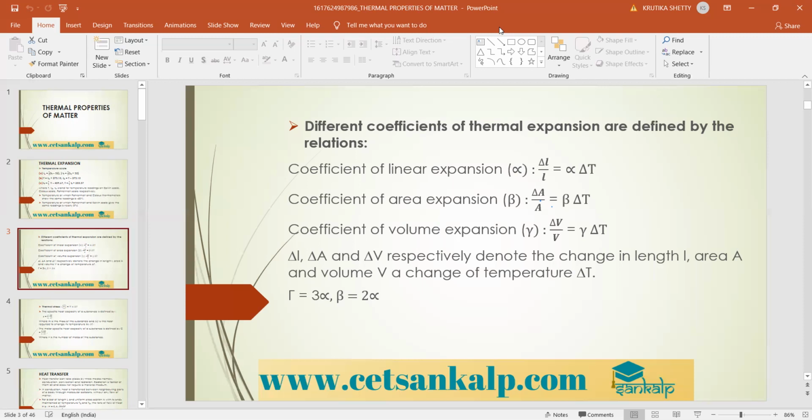Or we can also say alpha, beta, gamma are in the ratio 1:2:3. Suppose the value of alpha is 1, the value of beta will be 2, and the value of gamma will be 3. That is the ratio 1:2:3 here. So this is regarding the different coefficients of thermal expansion.